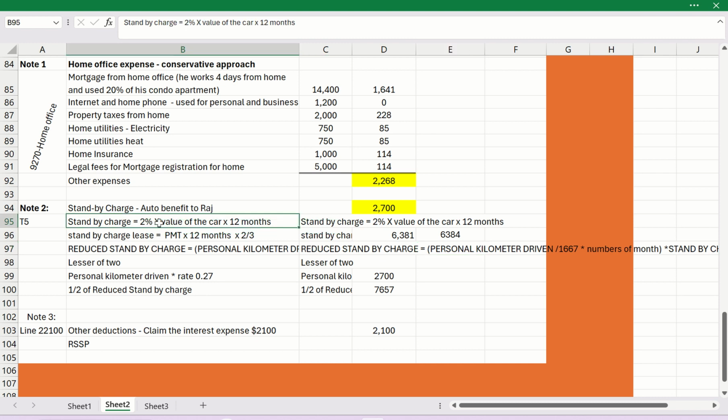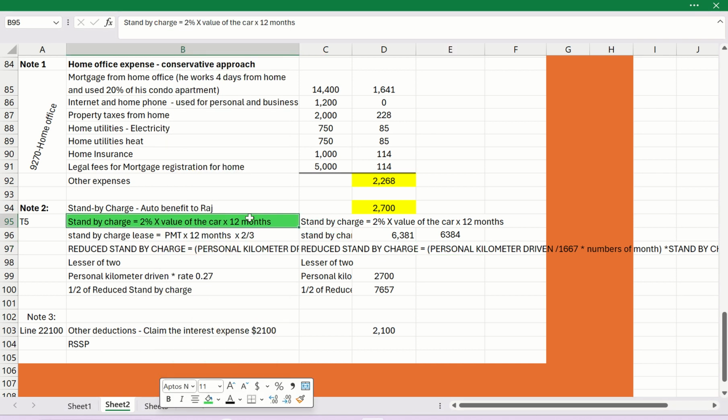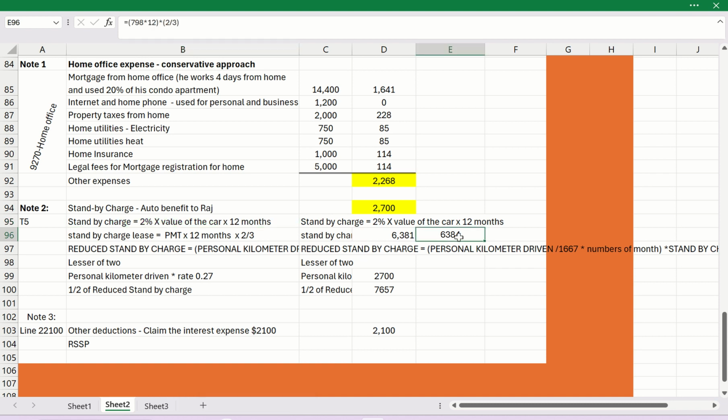If the vehicle was purchased, then we would use this formula over here, highlighted in green. You take 2% of the value of the vehicle and multiply by the number of months. If he used it for 6 months, then 6 months. If he used it for 12 months, then 12 months. So you can see this is the number.